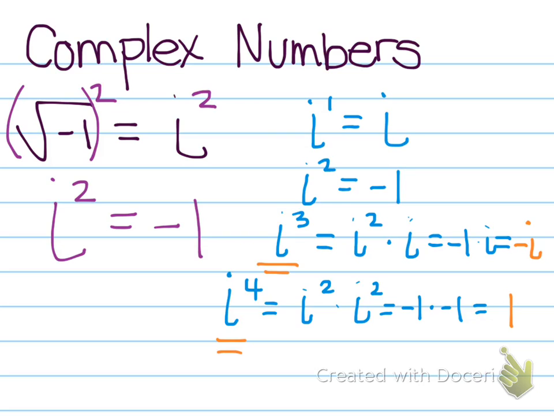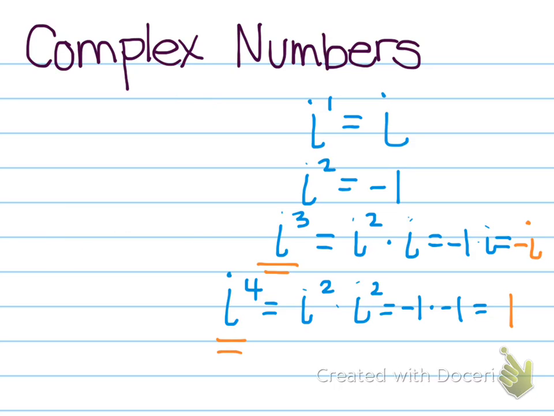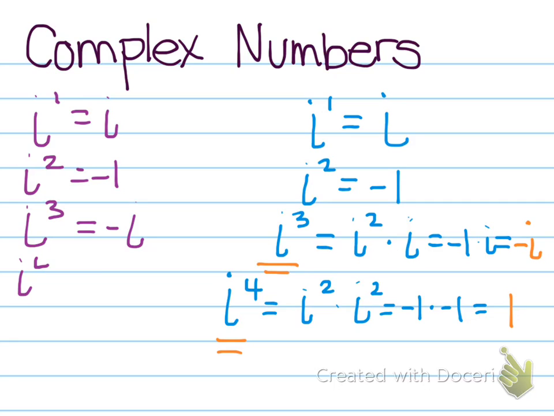It's really important that you memorize that little chart, and I'm going to rewrite it so you can get a picture. You need to know that i to the first is i, i to the second is -1, i to the third is -i, and i to the fourth is +1.